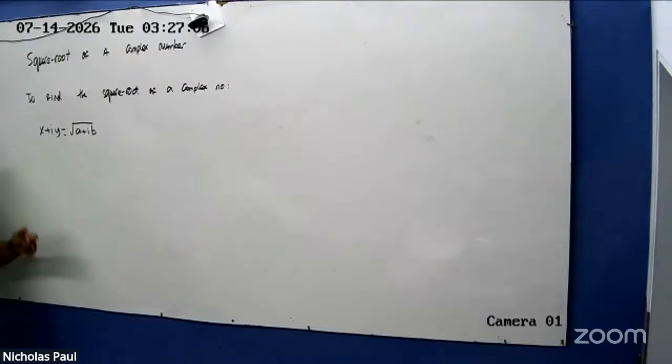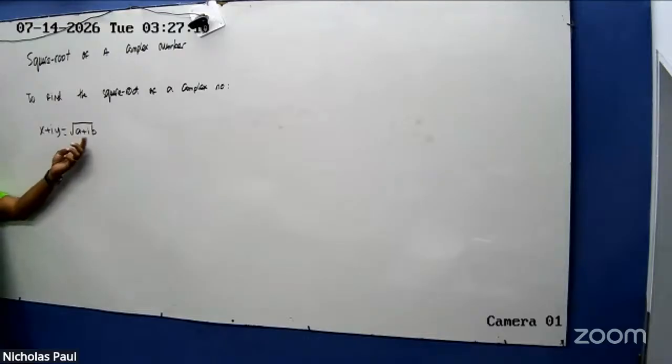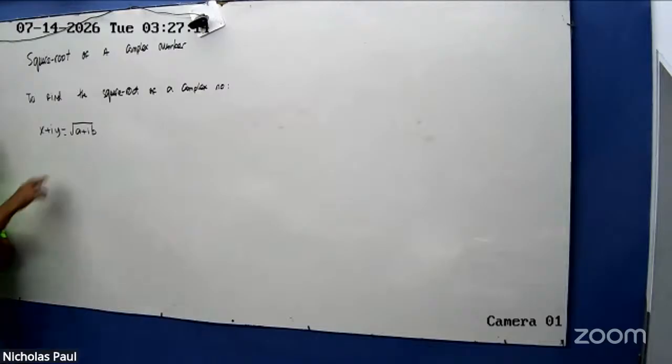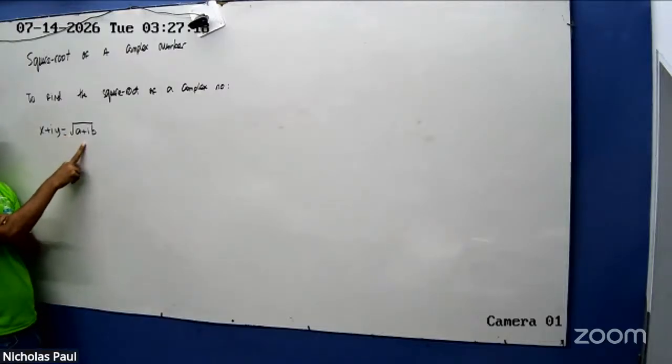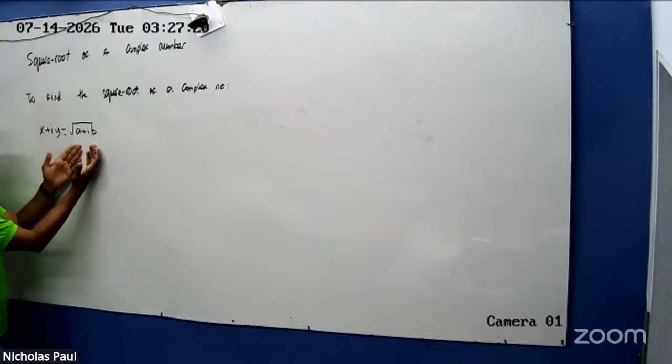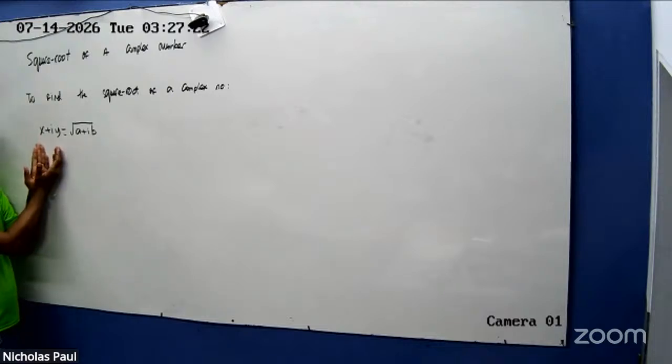If I gave you a complex number a plus ib, or 2 plus 3i, I need the square root of that complex number. Basically, I need to know where x and y are, if possible. So we need to find x and y.